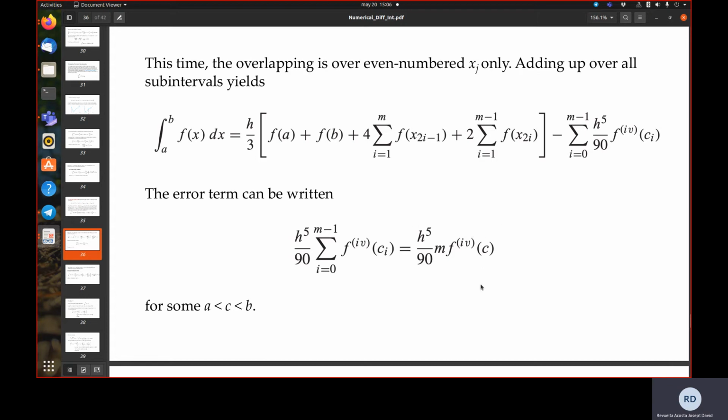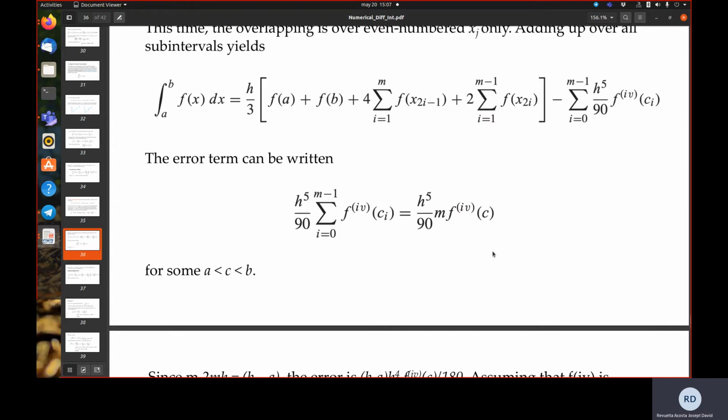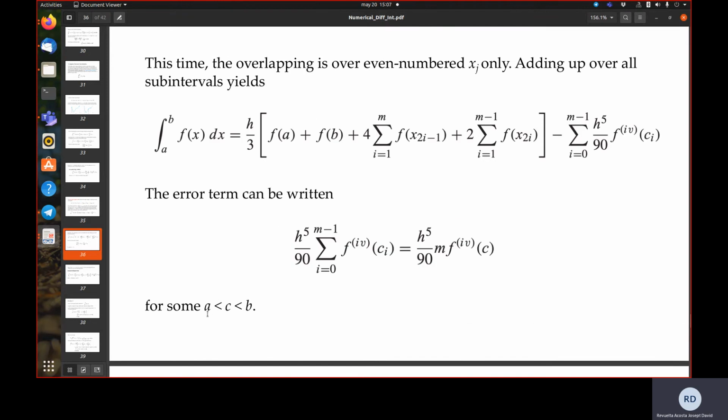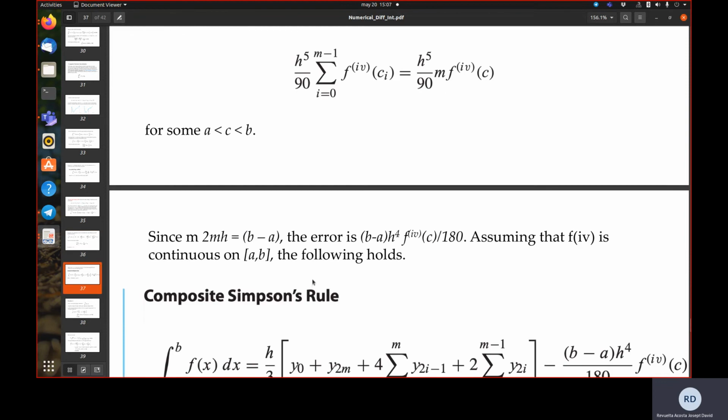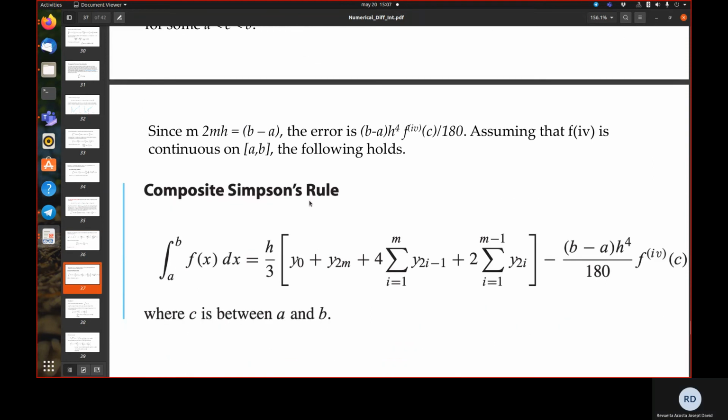So it could be simplified like this. And of course, the interval is still for some C between A and B.